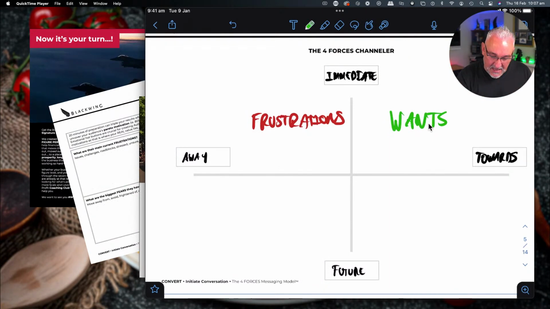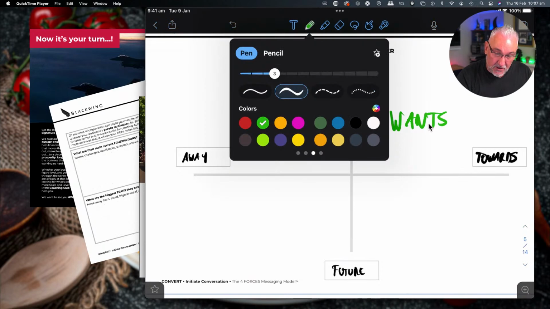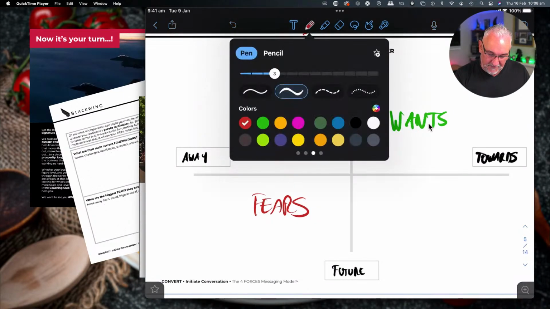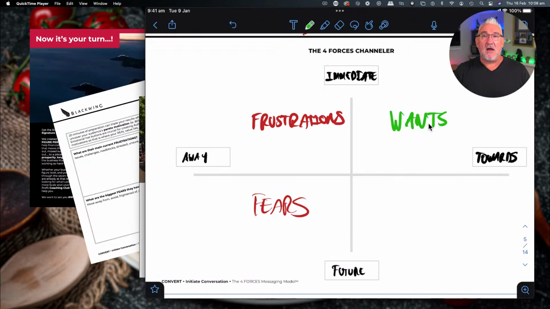And then underneath that, on the flip side, you've got the things that people are concerned about, stressed about or worried about, which are people's fears. And on the other side of that, if we change it over to red and green, we've got things that people are moving towards in their future, which is, of course, their aspirations.